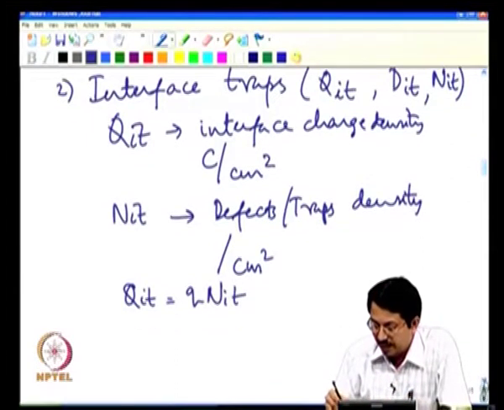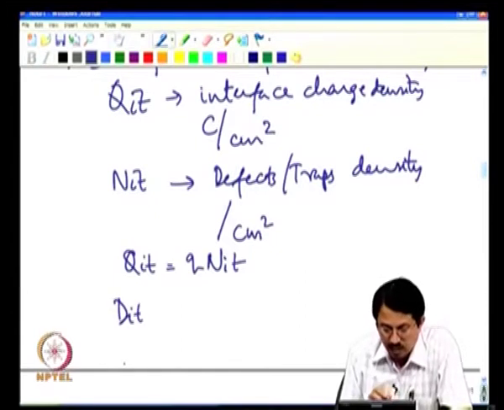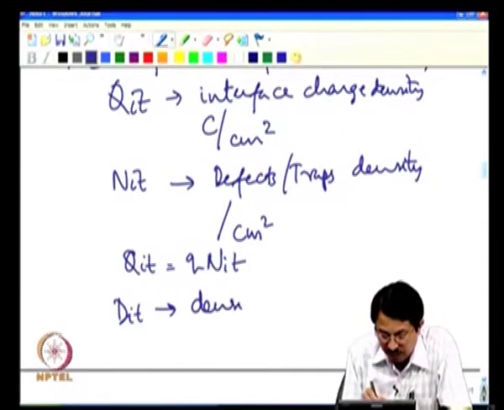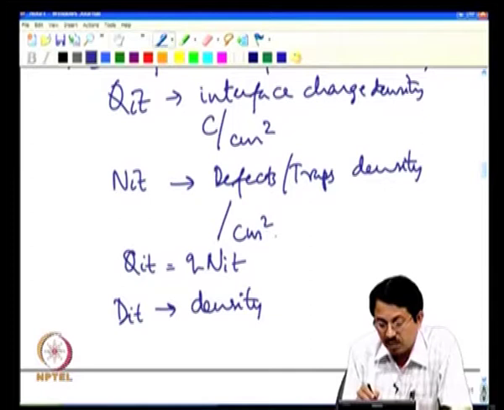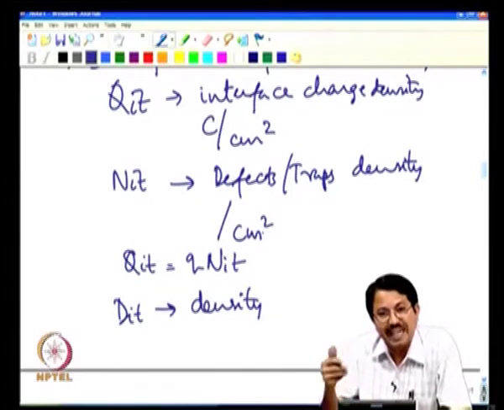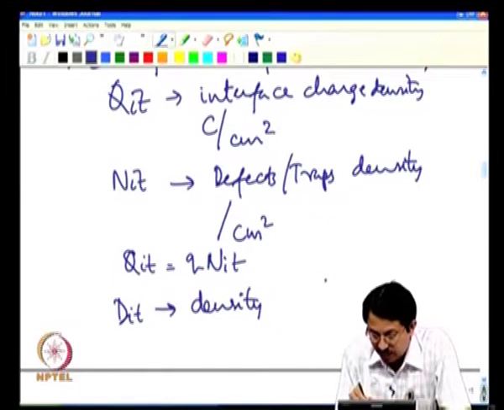And DIT is again a density, but it is trap density not just defined in terms of areal density, its density in terms of area as well as per unit energy. It becomes clear in a minute what we mean by that. In other words, the unit of this is per centimeter square eV.